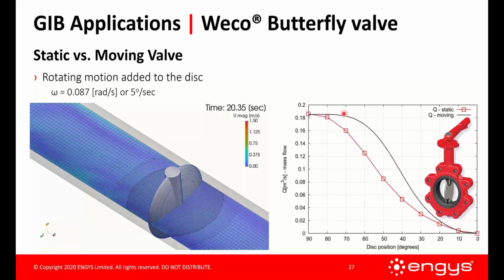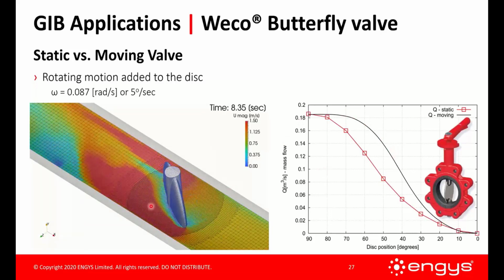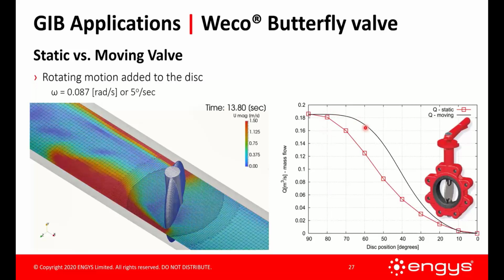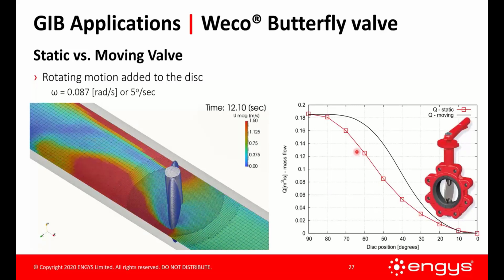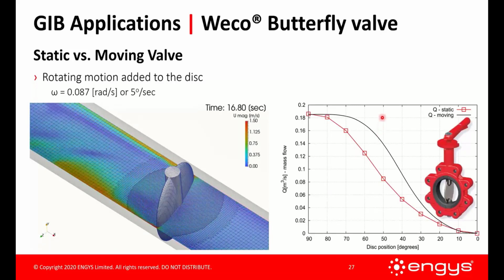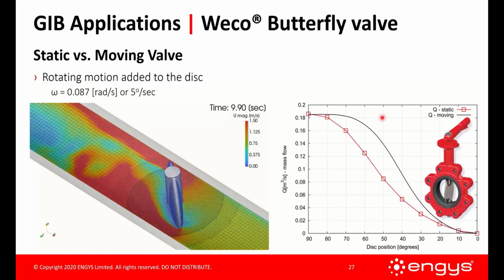And so this black line, this is what we use GIB to approximate. And in this case, we can see that there's a definite difference between looking at multiple static states versus this continuous dynamic state that we're looking at here. So if that's something that's important to capture during the design process, then GIB would be very effective in capturing this.